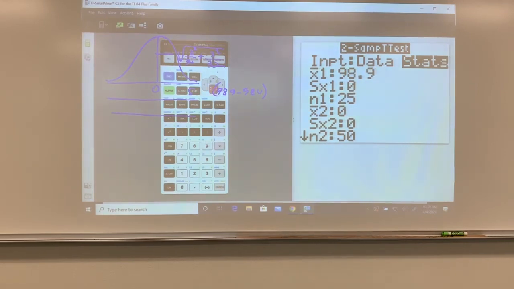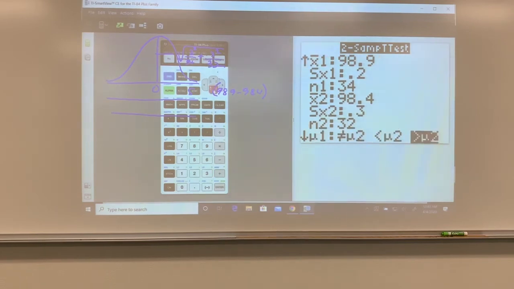Standard deviation is 0.2. The n on that was 34. For the girls, it was... no, for the boys, I mean. No, the girls was 98.4 with a standard deviation of 0.3, and there were 32 samples. Okay, got it.